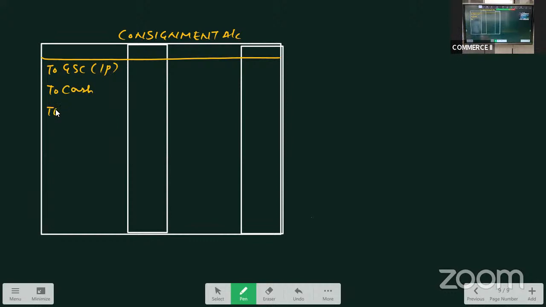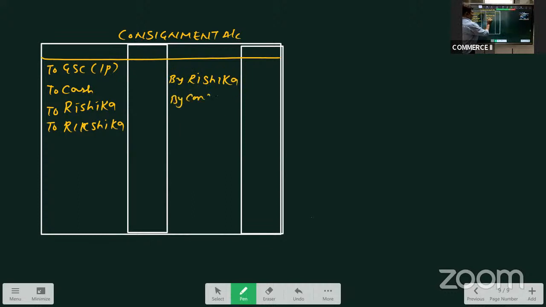The name is Rishika Reddy. So consignee's name is Rishika. Then again Rishika, this is for the commission. Then again by Rishika, this is for the sales. And then consignment stock.